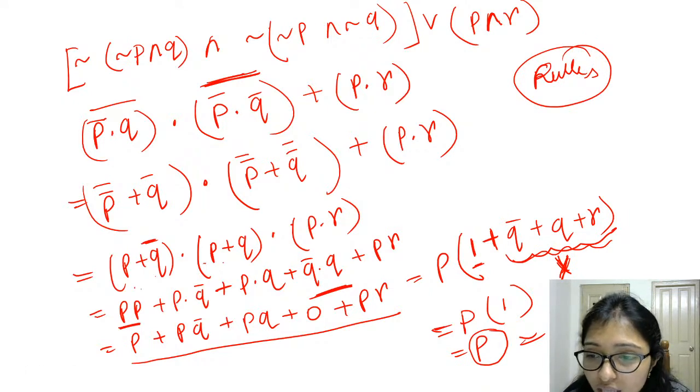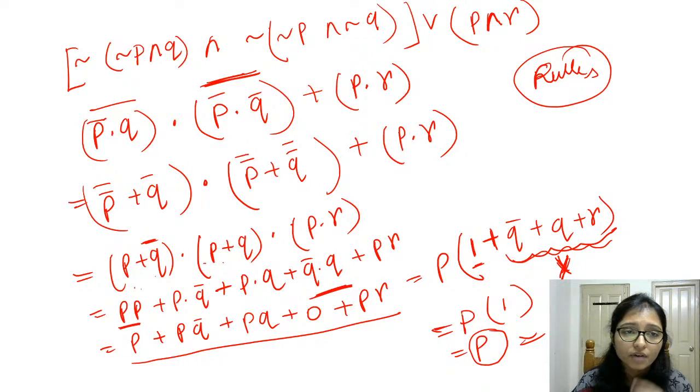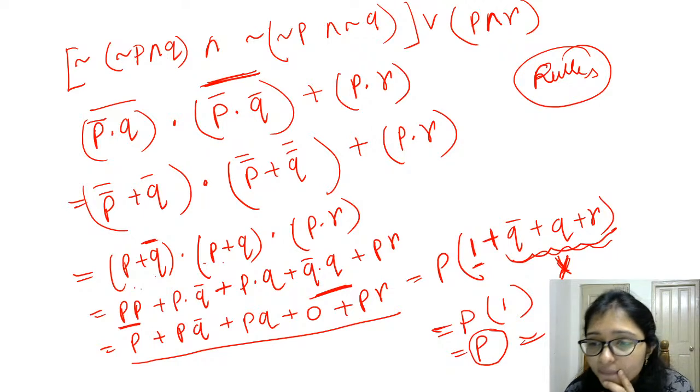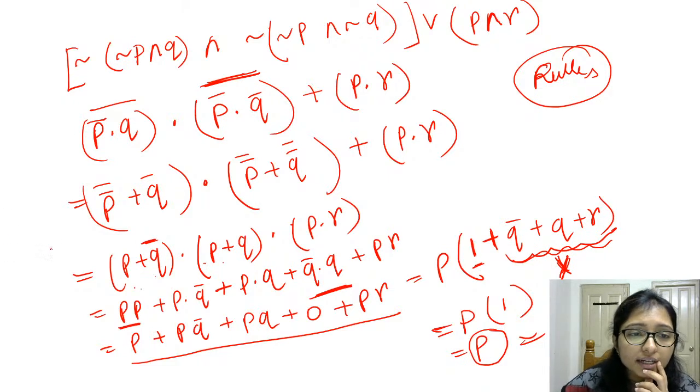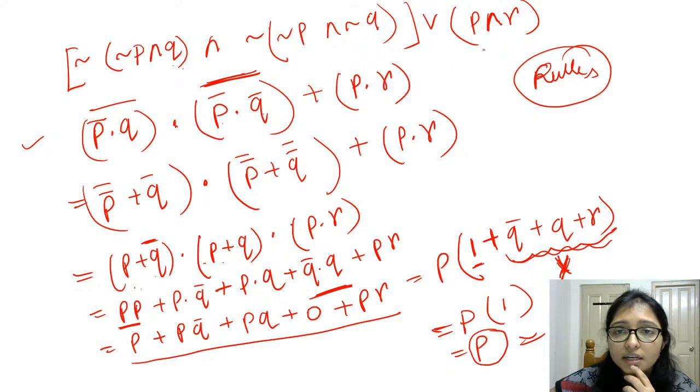Third and fourth line mistake, whatever mistake, what mistake? Third and fourth line: this one is (P bar Q) double bar, then dot (P bar dot Q bar) whole bar, then PR, it is done.